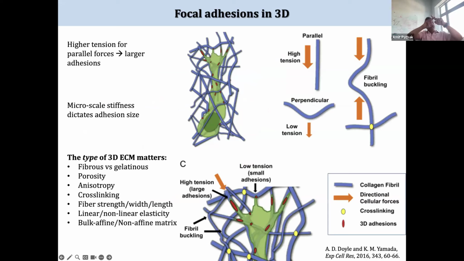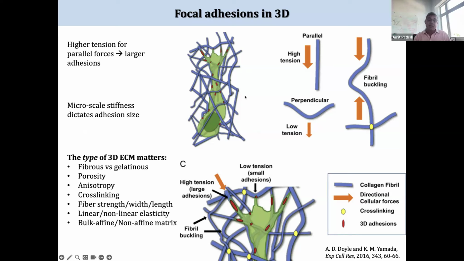then you get no resistance at all, right? And if you pull along the rope, you get a lot more resistance. The rope didn't change; its mechanical property is still the same, but the direction of force application gives you different types of resistance. And you can imagine that will happen in 3D collagen fibers.